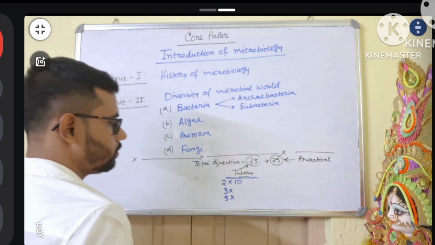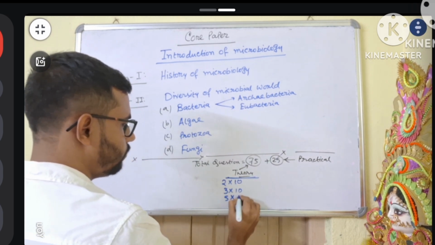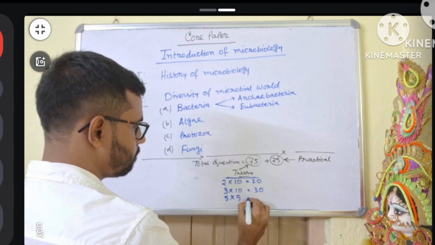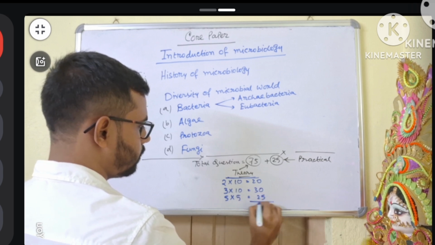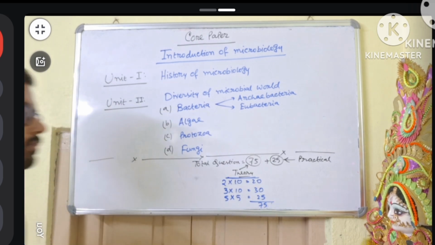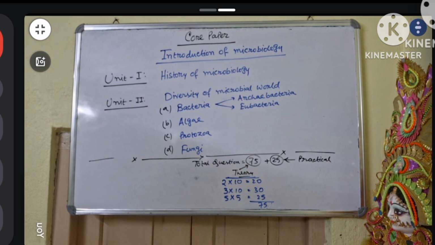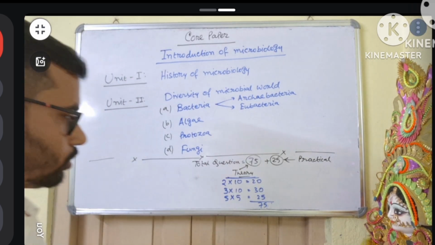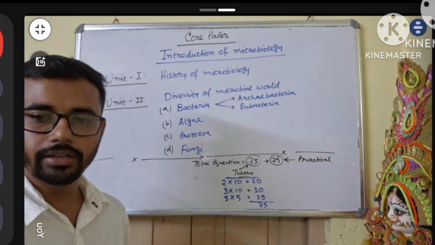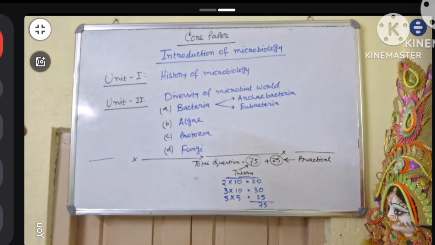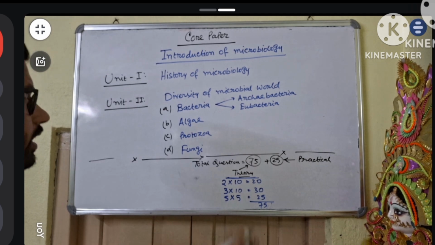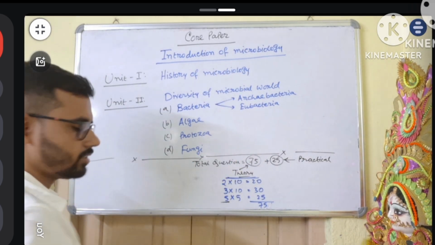It is 2 into 10, 3 into 10 and 5 into 5, totaling 75. That is the question pattern. Above 5 is relatively rare in Calcutta University, but other universities can give above 5, like 7, 8, 10, etc. But in CU, 5 marks is the highest.